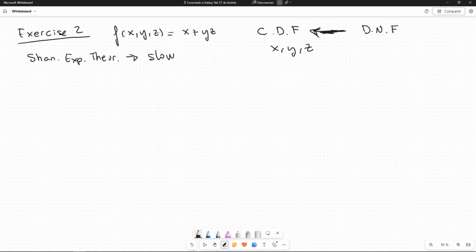The function is this. We have two terms, the term A and the term B. We are going to start with the term B, for example. The term B is Y and Z. What is the variable missing here to have a minterm?